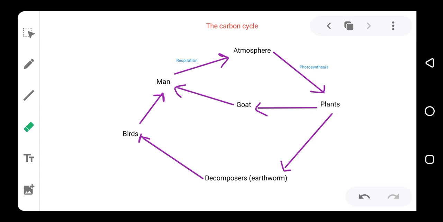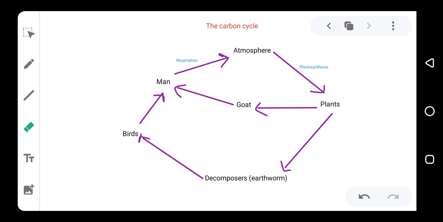So the environment has a way of regulating it to make sure that it is not too much and not too low. This carbon cycle shows how these carbon sources are regulated, so that the carbon in the environment is not always too high and is not always too low.